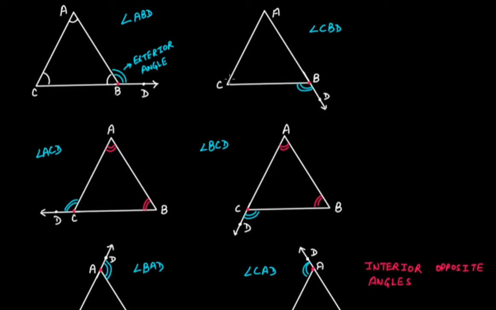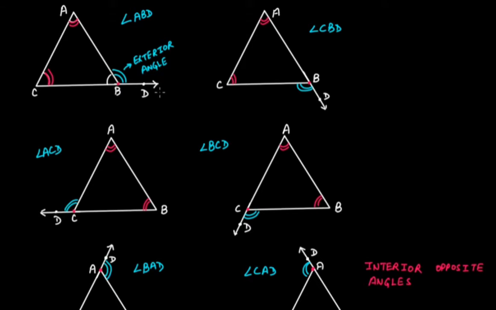Therefore, interior angle at vertex C and interior angle at vertex A, these two interior angles are actually interior opposite angles to this exterior angle. When you come to this triangle, exterior angle here at B, therefore interior angles at C and at A, these two angles are interior opposite angles to this exterior angle, angle ABD.